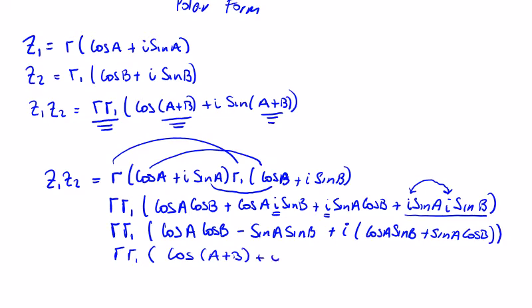And then we have plus i, and from the tables, cos a sine b plus sine a cos b is the sine of a plus b. So this is the proof of multiplication of two complex numbers in polar form. So you just multiply the moduli and add the angles. Really, really simple.